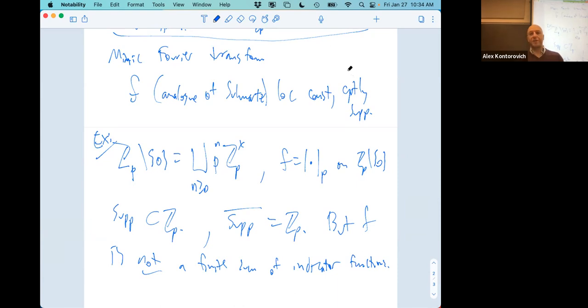If the support itself is compact, not its closure, not just contained in a compact set. Define the support to be the closure of that set. That is how you usually define support, but here we're getting into a little bit of trouble because of what I had said before. So let's look at this argument.